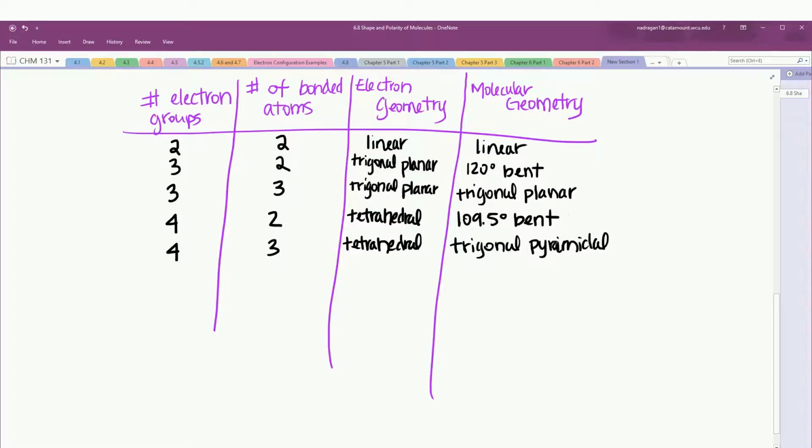That should be an A, not an I. P-Y-R-A, pyramidal. Okay, if it has 4 electron groups and 4 bonded atoms, then the electron and the molecular geometry are both tetrahedral.